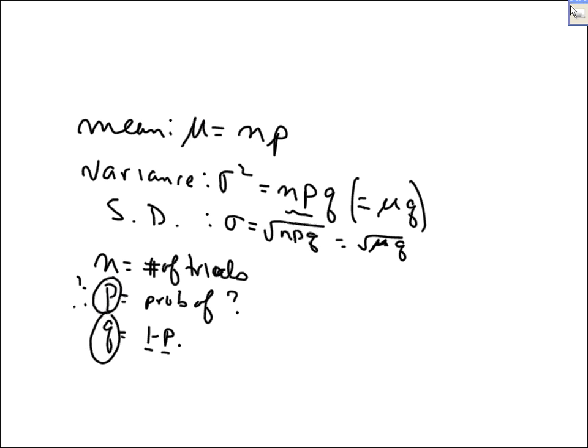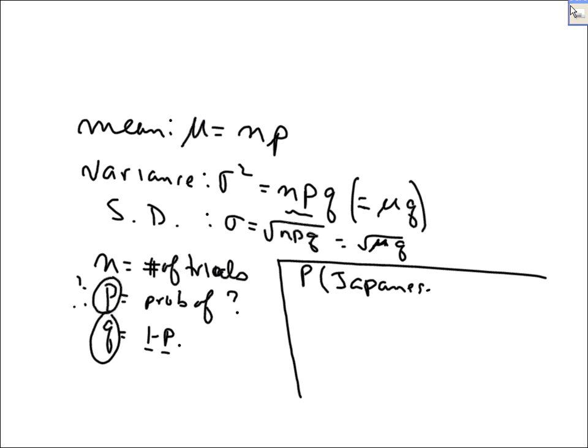So, for example, you want to see if this baseball league is racist or not. Suppose that of all the people who want to play baseball, the probability that you are Japanese is 80%.